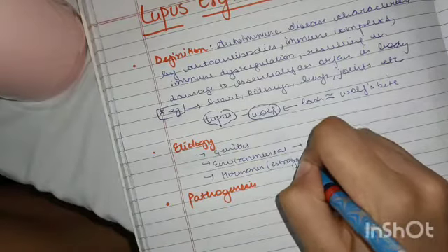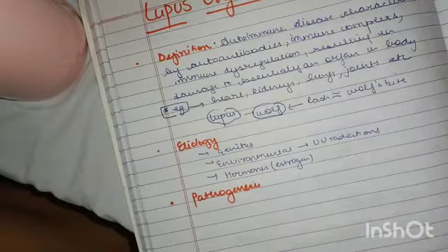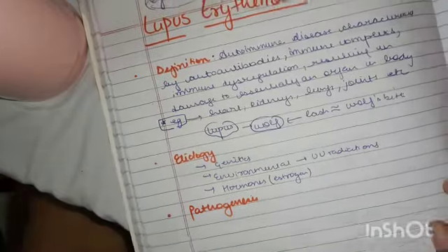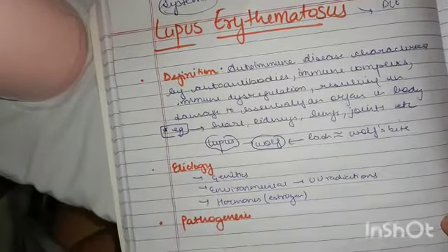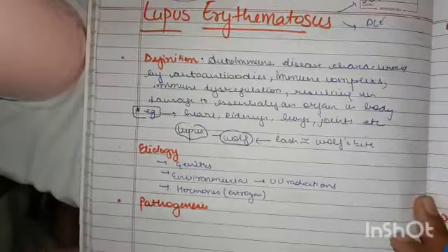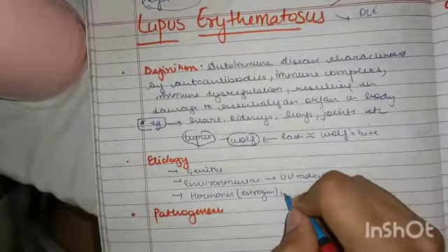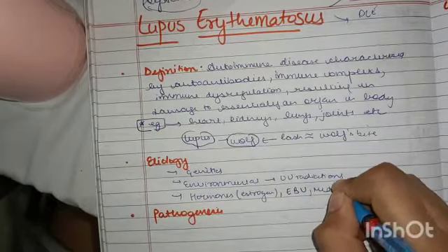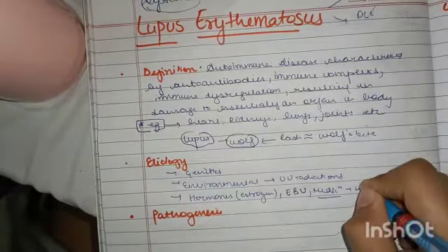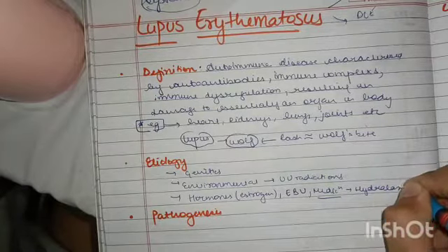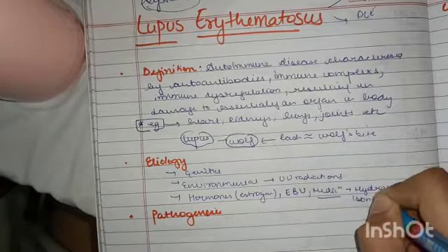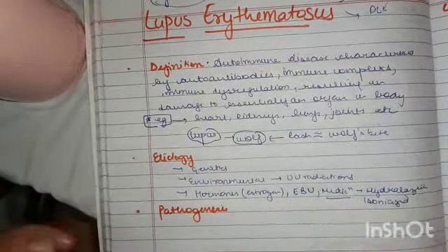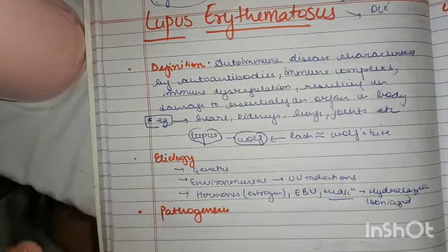Estrogen is mainly responsible, so lupus erythematosus will be seen more in females. It can also be caused by EBV, Epstein-Barr virus, and by some medications like hydralazine, isoniazid.